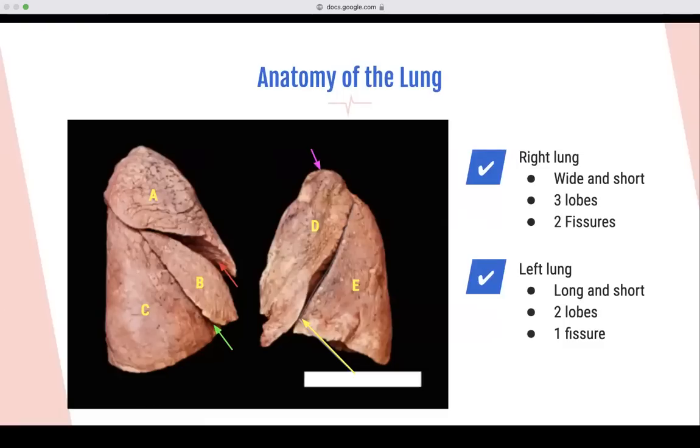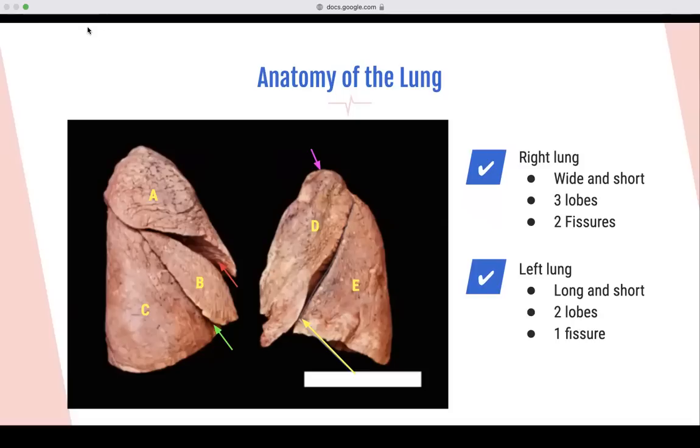Yeah. And so B? The middle lobe of the right lung. Yep. And C would be the lower lobe. What about the red and green arrows? These would be the horizontal and the oblique fissures. The red one would be the oblique one, and the green one would be the horizontal fissure.